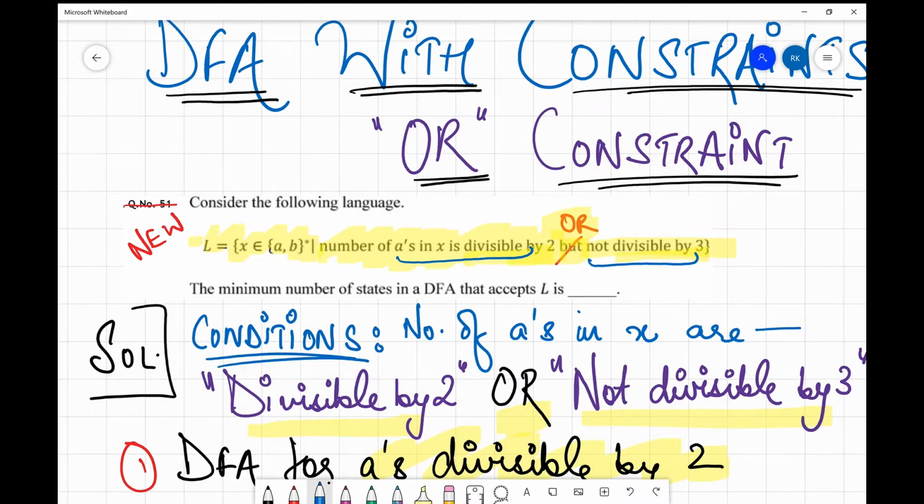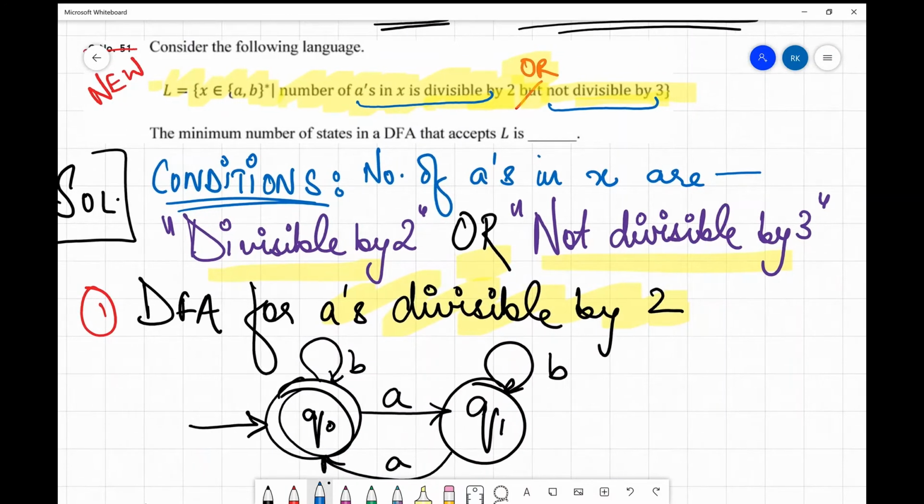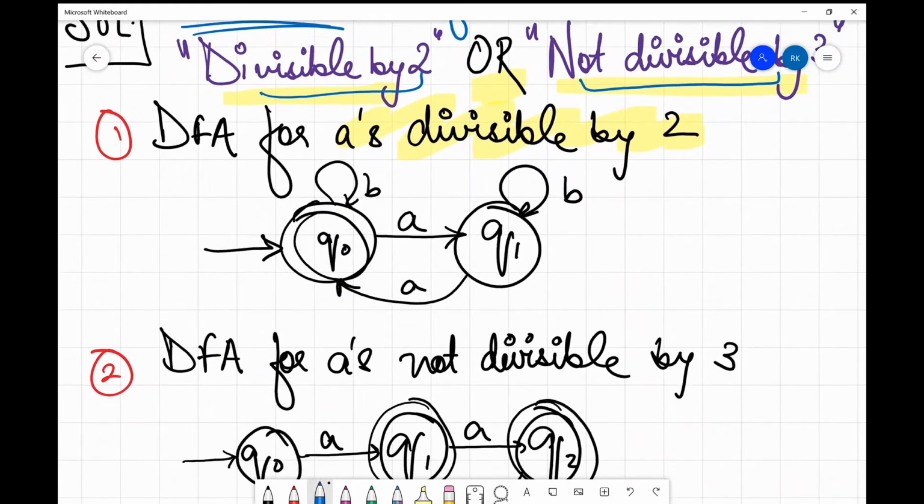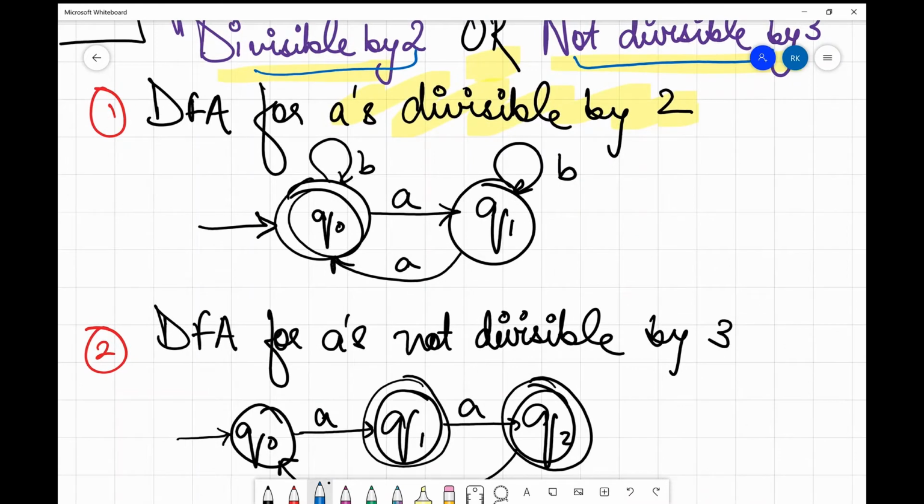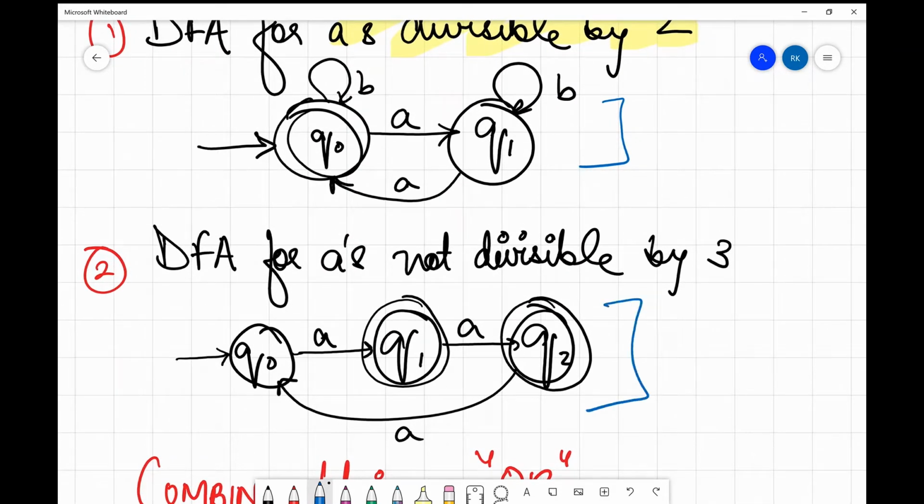So in that video we had drawn the DFAs, one for A is divisible by 2 and one for A is not divisible by 3. You can please view my previous videos to know how we reached this DFA and this DFA. This is for A is divisible by 2 and this is for A is not divisible by 3.